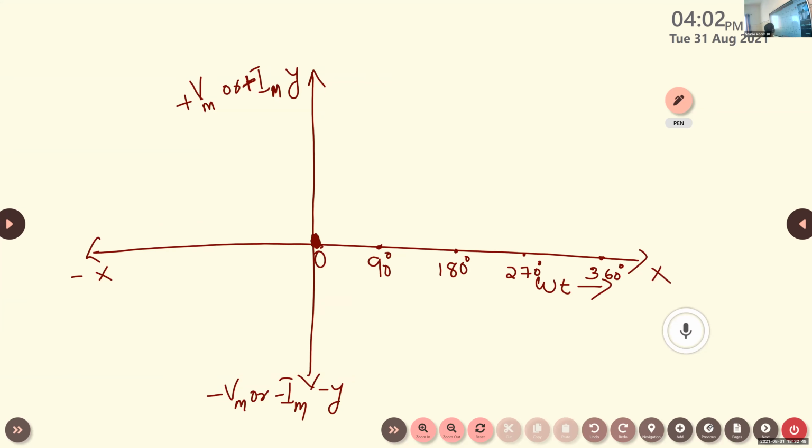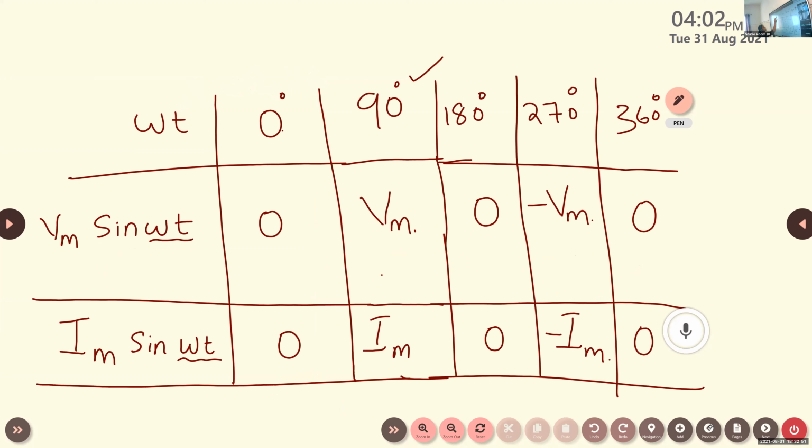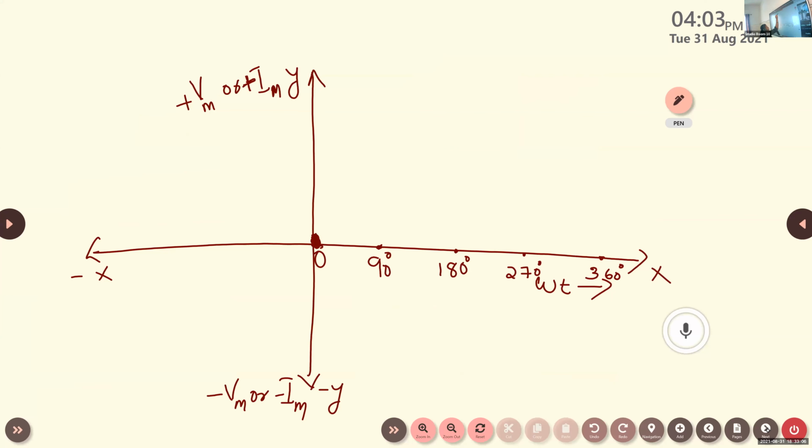Next one, if the phase angle omega t is equal to 90 degree, what will be the value? It is positive Vm. So we can mark the point here. Corresponding to 90 degree, the value of Vm sin omega t is equal to positive Vm.